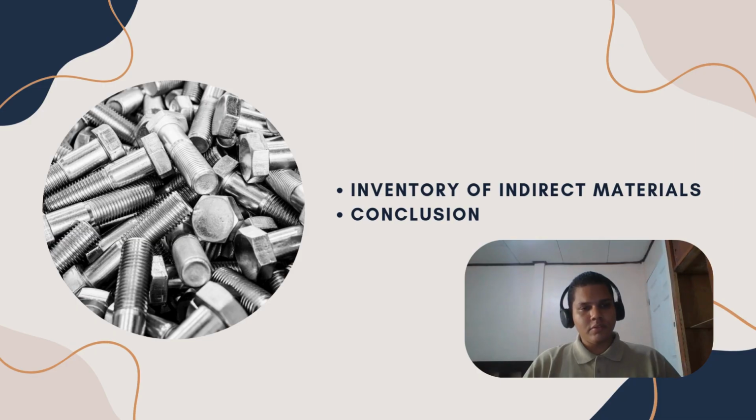Indirect materials inventory, on the other hand, covers the small but essential items that support production without being part of the final product. Together, these categories help managers control costs, plan production, and make better financial decisions.